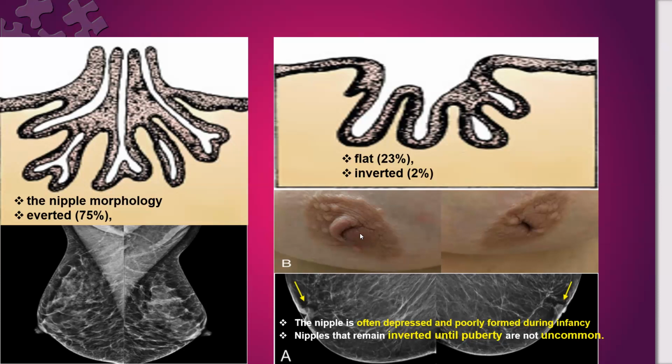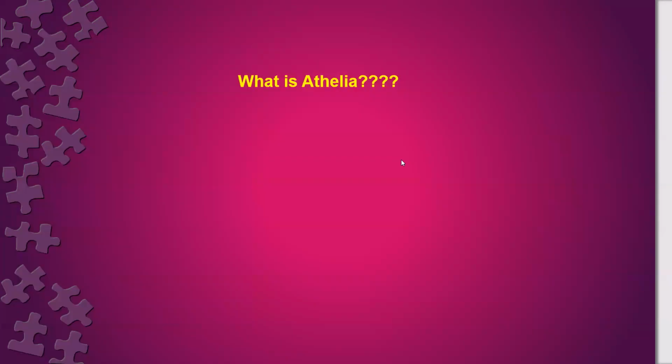And sometimes even in infancy, they have poor form of the nipple, but the inverted nipple by puberty is expected to be fully developed like this and everted like this generally. But as we mentioned, in some percentage, it might stay as inverted or flattened.